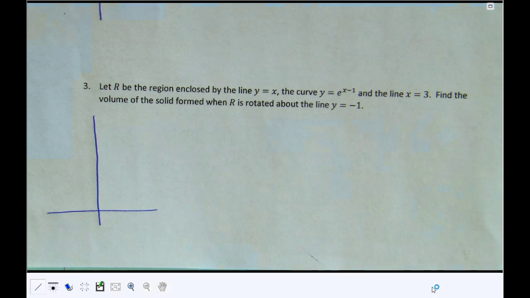Just waiting for permission. Go ahead and zoom in. How do I do a line x equals 3? You don't. You have to draw that yourself. Okay, thank you.